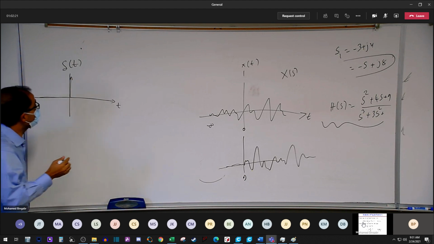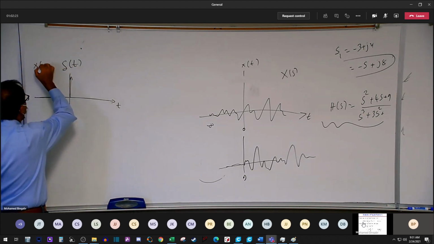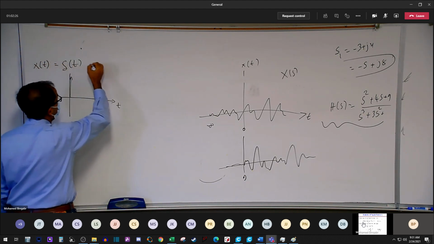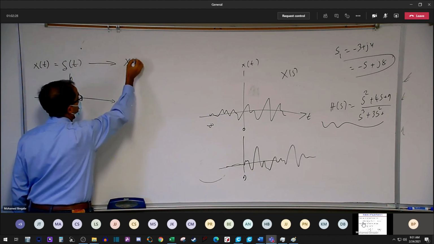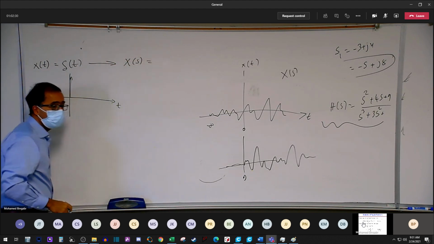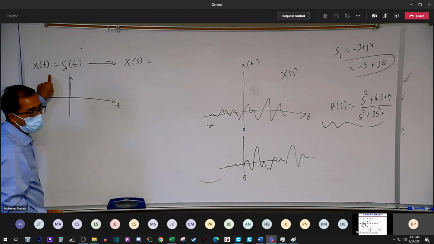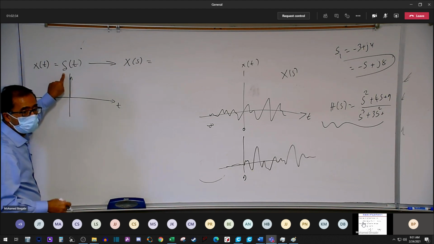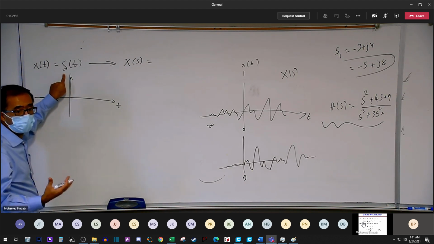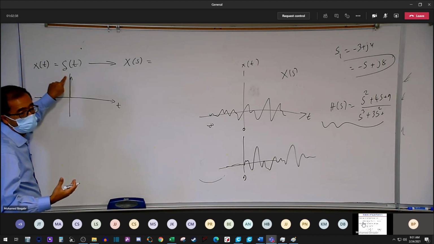If that is my x of t, I need now to find x of s. What is the Laplace transform of this impulse? Or what are the frequency contents in this impulse?